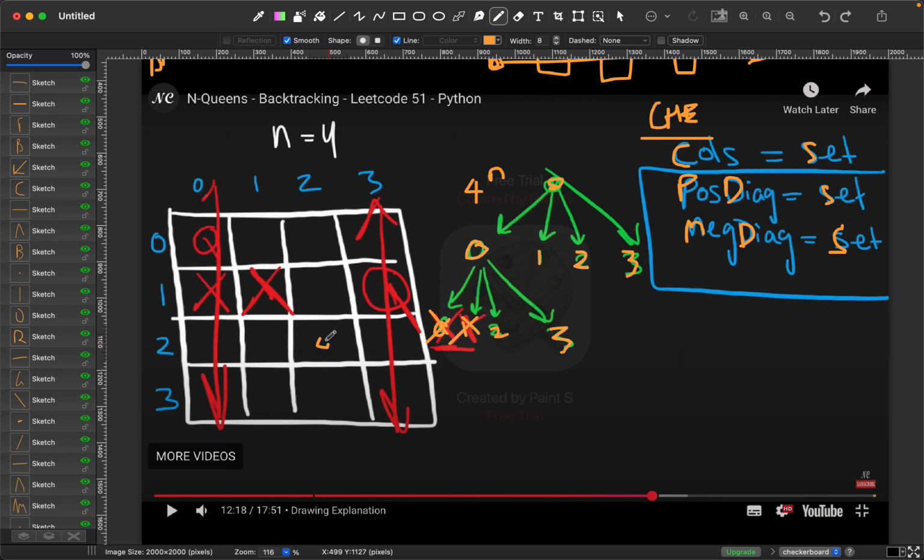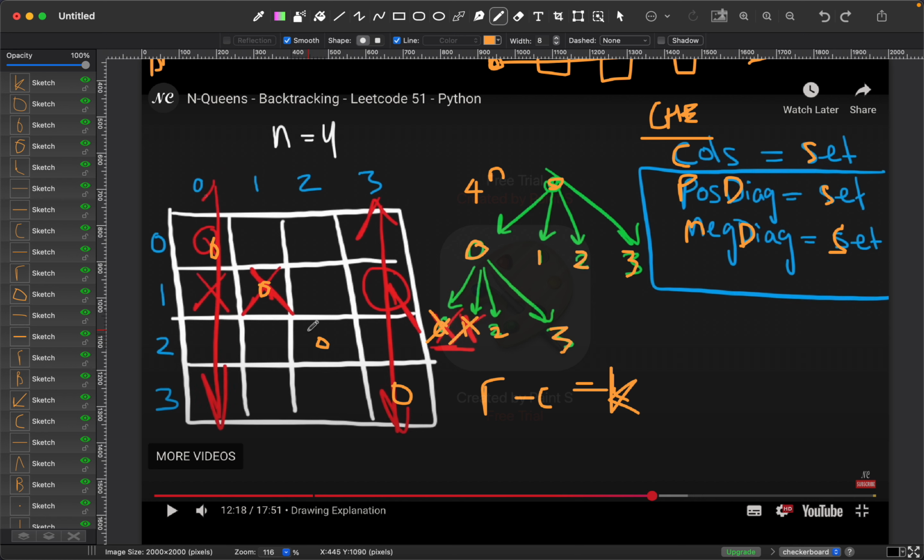And if you do row minus column, notice 1 minus 1 is 0, 3 minus 3 equals 0. You notice that the R minus C, the row minus the column, equals this constant value.